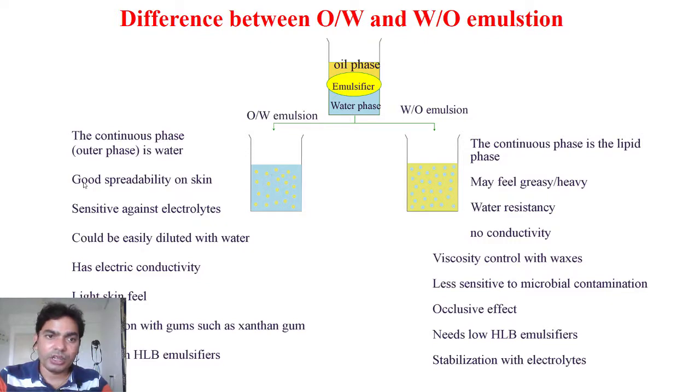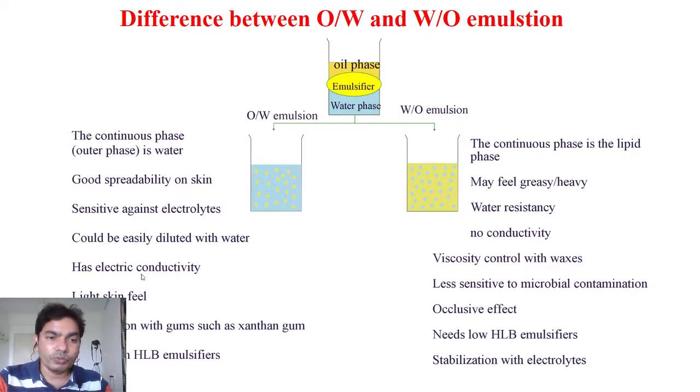In this condition, there is good spreadability on the skin, it spreads nicely over the skin. It is sensitive to electrolytes, can be easily diluted with water, has electric conductivity, and a light skin feel, right? This is more important, light skin feel.